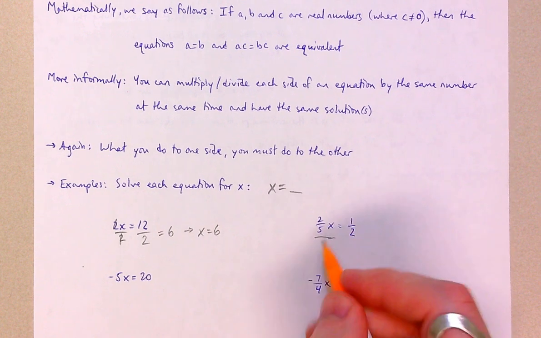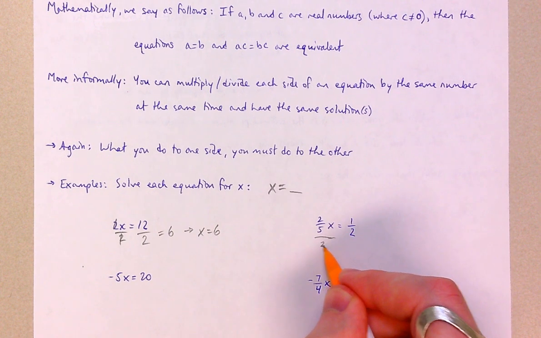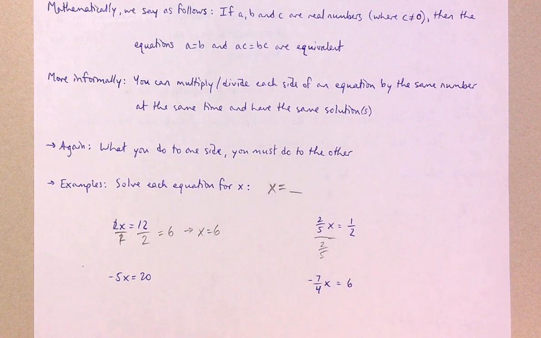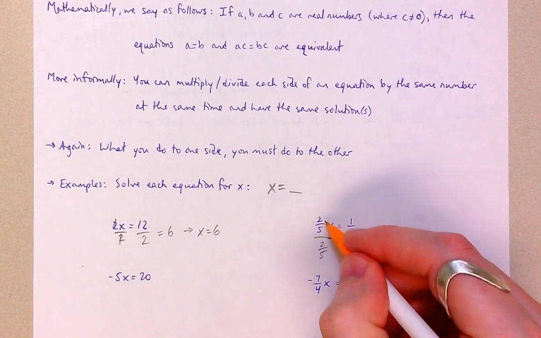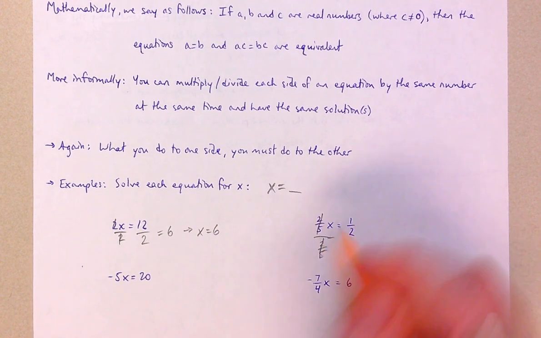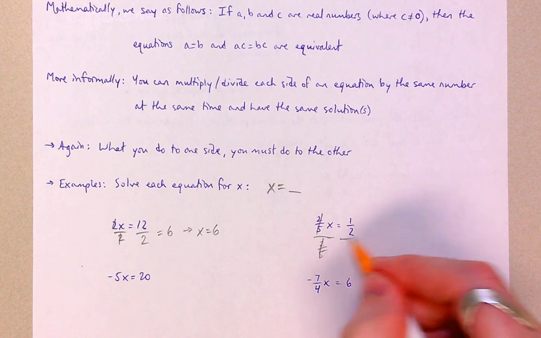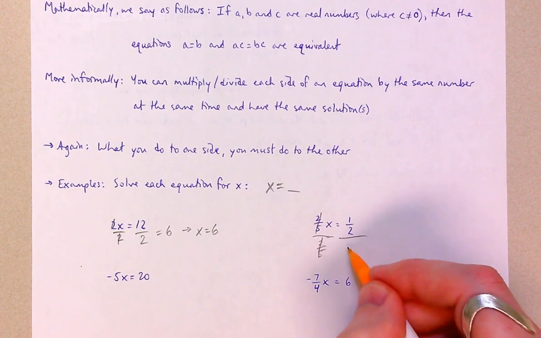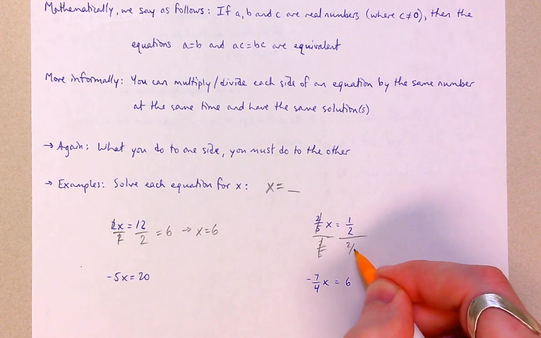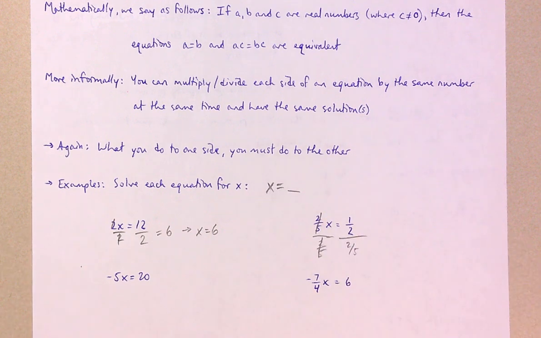I can divide by that number in front of x. And I know that when I divide these out, that is going to give me just 1 there. And then I have 1/2 divided by 2/5.